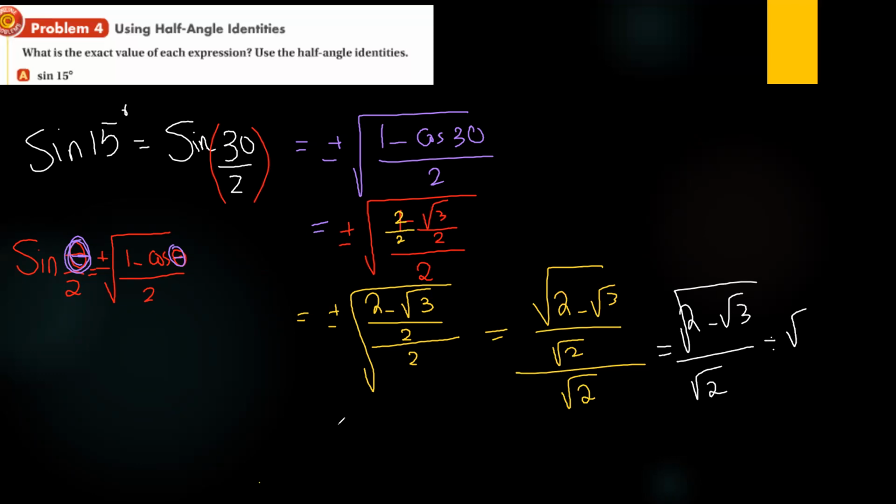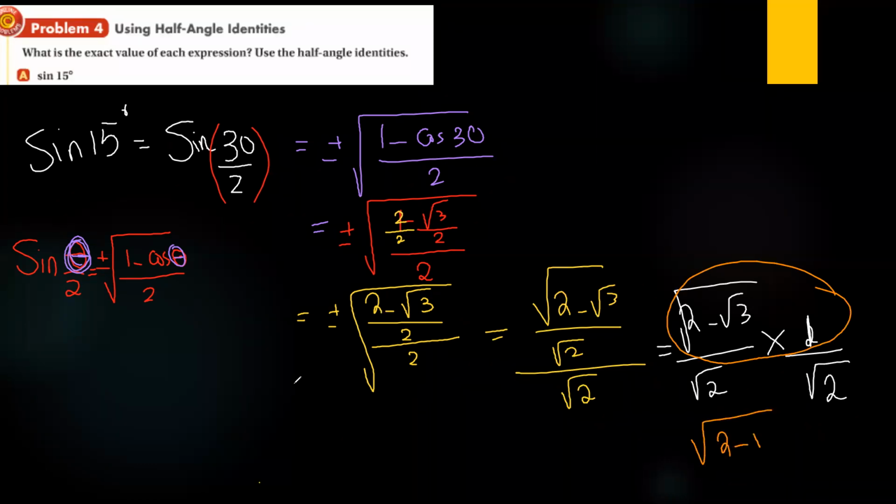Or, since we can change the division into multiplication, write the reciprocal, which is 1 over square root of 2. Then we multiply the numerators, and we get square root of 2 minus square root of 3 over 2. This will be the sine of 15.